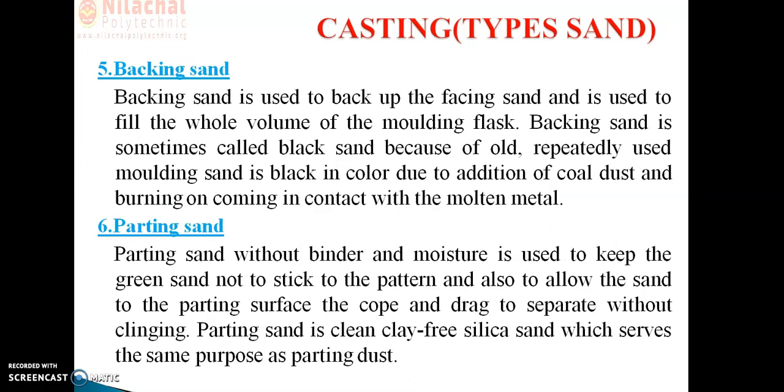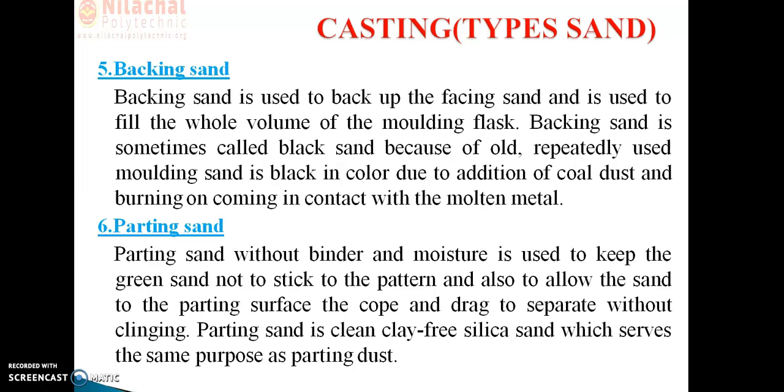Then we will discuss the next one, known as backing sand. The used sand is cleaned and reactivated. It is the sand which backs up the facing sand, and it is used to fill the mold and save some money.